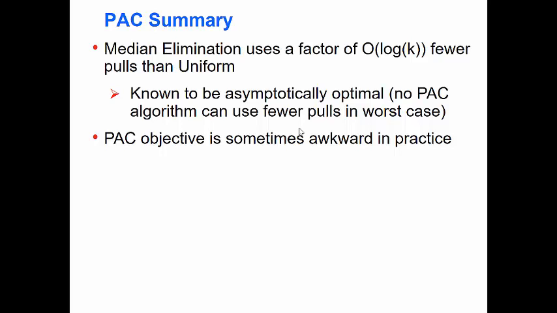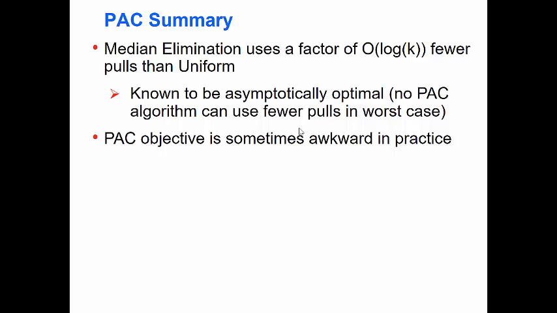So this objective is a little awkward to apply in practice. It's kind of interesting in theory, but in practice you're usually not going to be able to say, here's my epsilon and delta. And usually in practice, even if you were able to say that, the number of arm pulls would be too large anyway for you to actually do it.